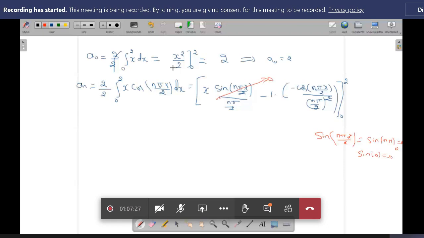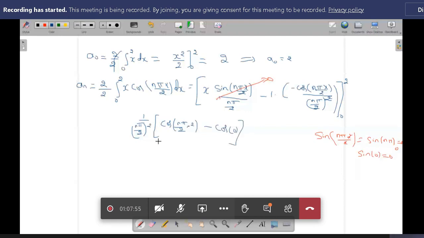Now for the second term, we get minus into minus plus, and we can take 1 over n pi by 2 whole square, and put the upper limit, so we get cos n pi by 2 into 2, so x is 2, minus lower limit cos 0.